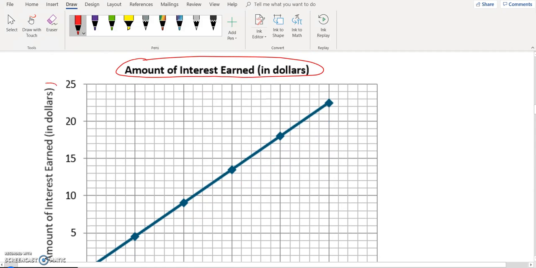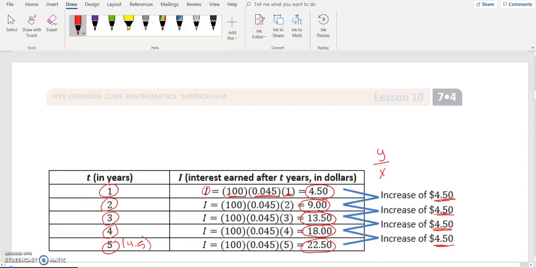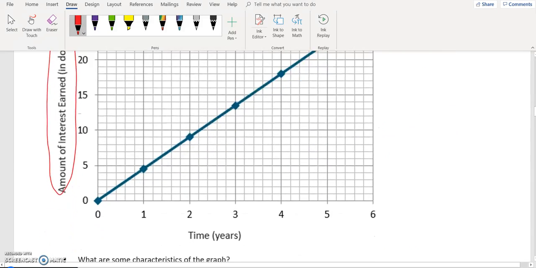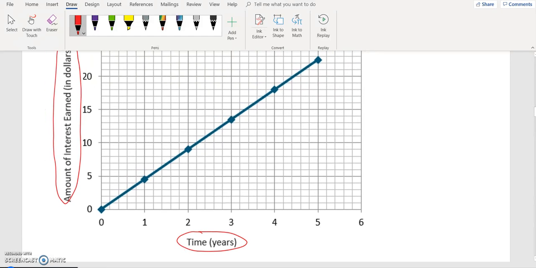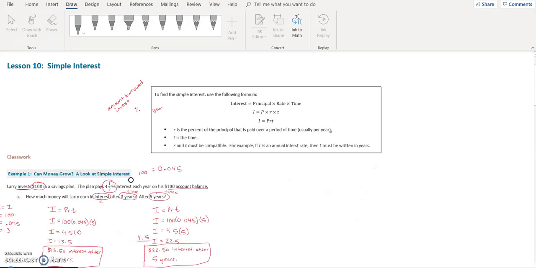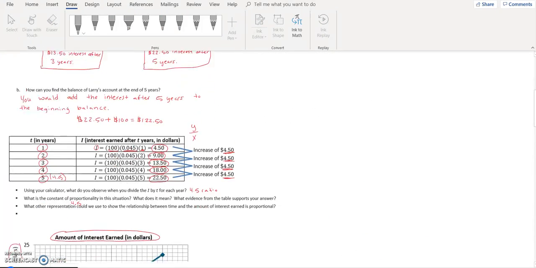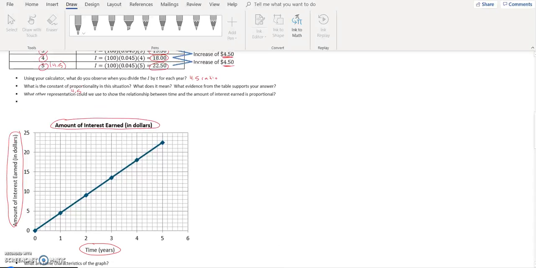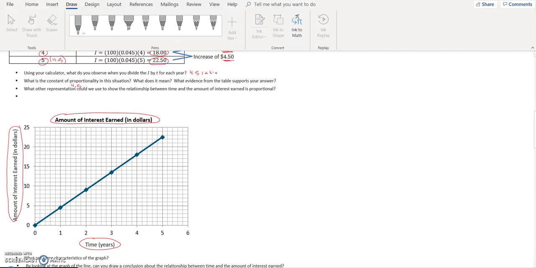We have the amount, so we have our y. Let's zoom out a little bit. And we have the time in the years. Okay. So what are the characteristics? And those were some of the characteristics that we had.